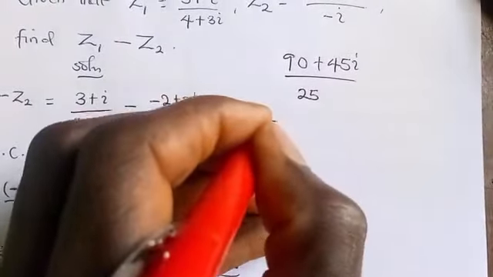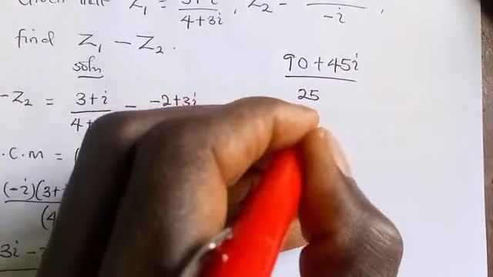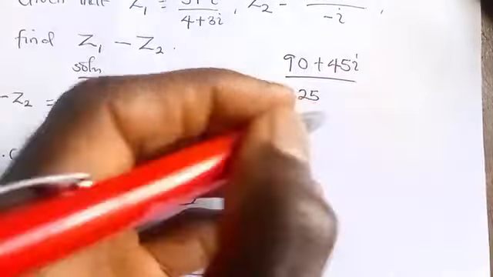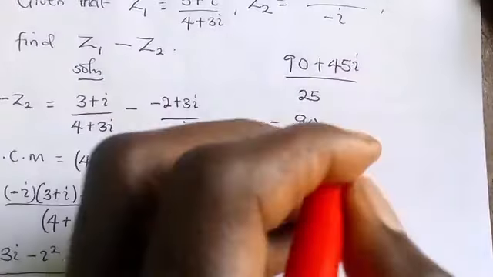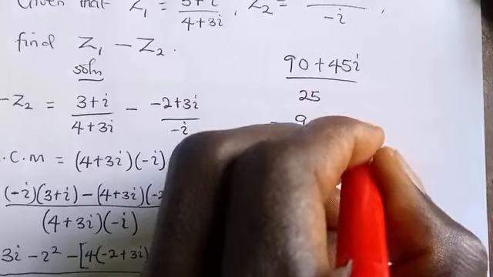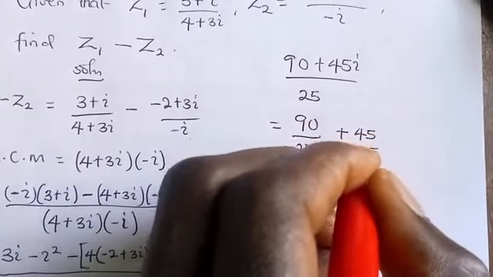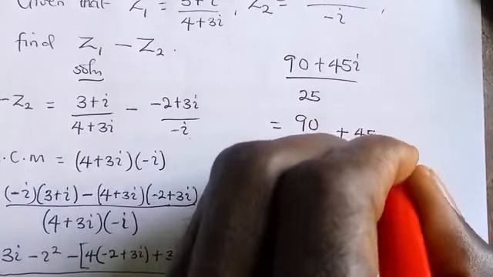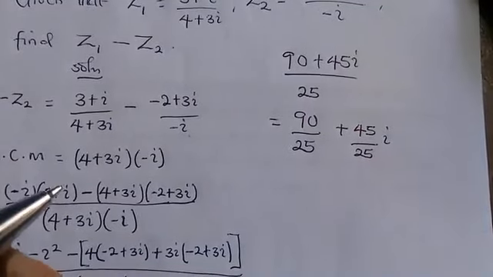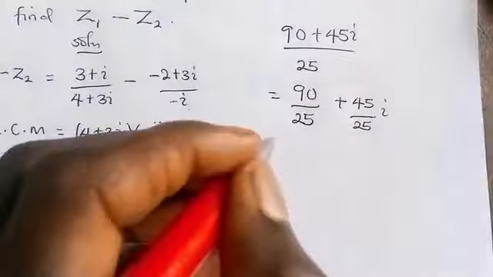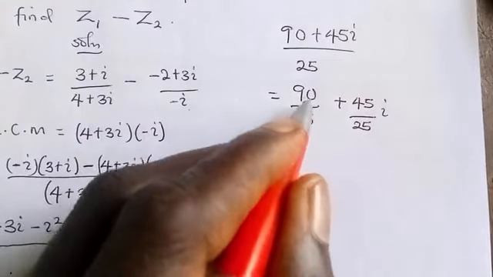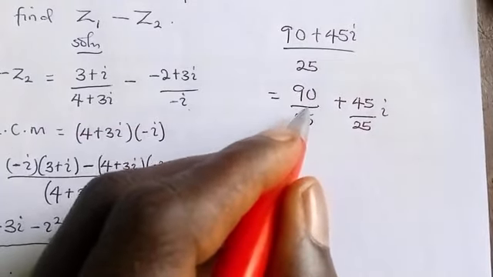This is equal to 90 over 25 plus 45 over 25i. Right? The highest common factor between this is 5.